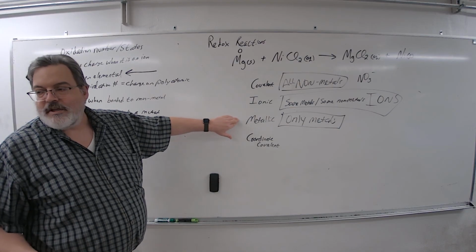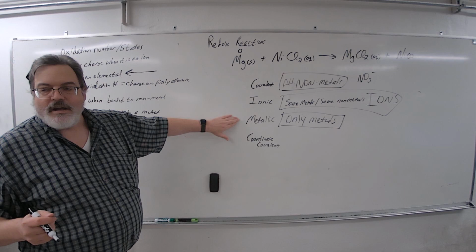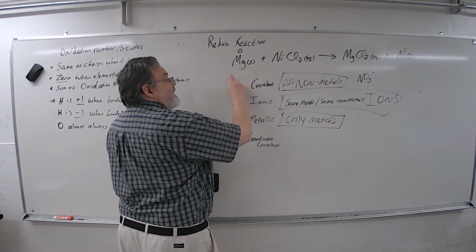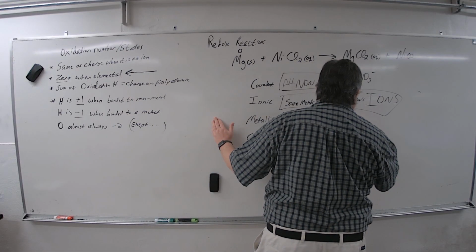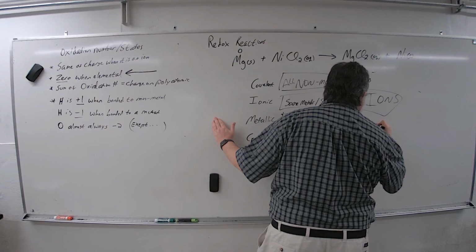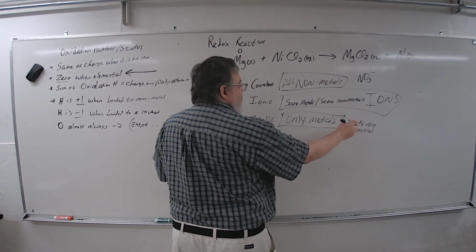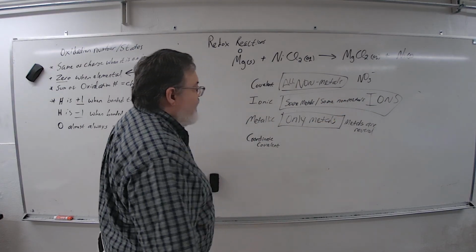Things that go clang, things that are hard, they ring when you tap them. Most metallic compounds have that property. So this is a metallic magnesium compound. There's no ions, the metals are neutral. Here the metals are neutral. Here the metals have their charge, their positive charge for ionic compounds.